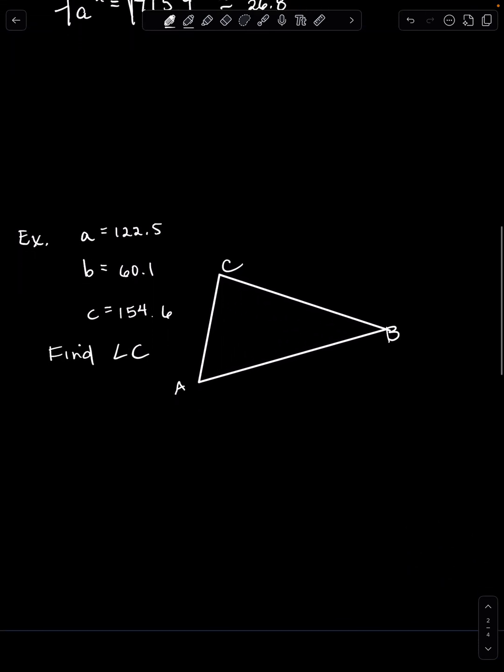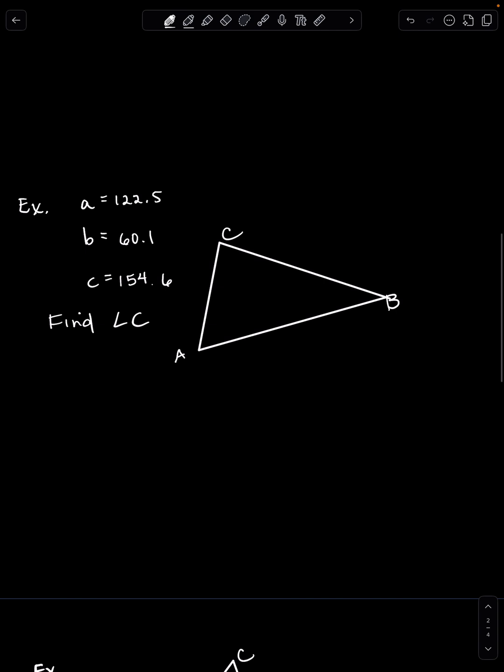In this next example, I'm given three sides, so I'm going to label that. I've got 122.5, I've got 60.1, and I've got 154.6, and it asks me to find angle C. All right, if I'm finding angle C, I've got to do that c squared equals, right?